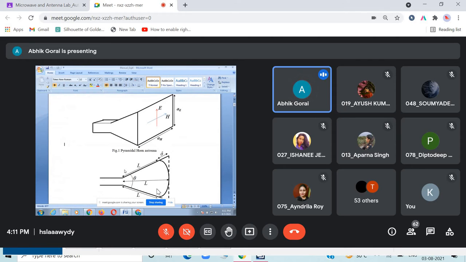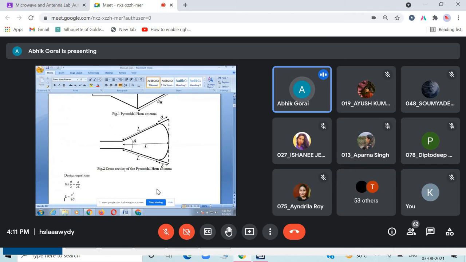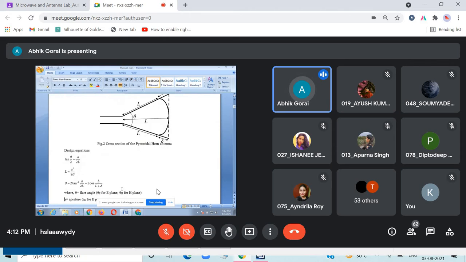If you look at the cross section, the side view of the horn, you can see the L and theta appear like this. This delta is a path difference, very small. It should be as small as possible. And the design equations are listed over here.